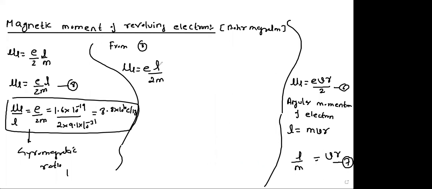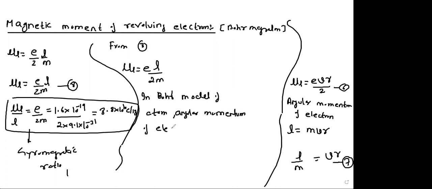So one of the postulates in Bohr's model of atom is that the angular momentum of the electron is quantized.